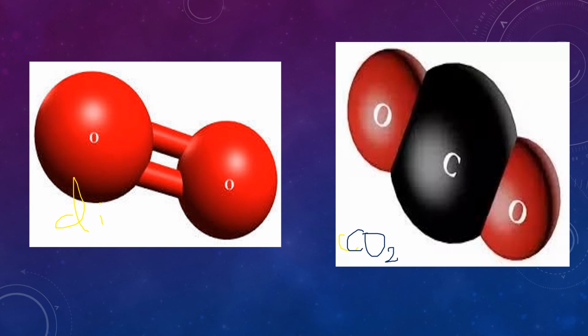C is only 1, O2 makes it equal to 3. This is a triatomic molecule. This is 1 O, 1 O, totally O2, which is represented as diatomic. This is triatomic.